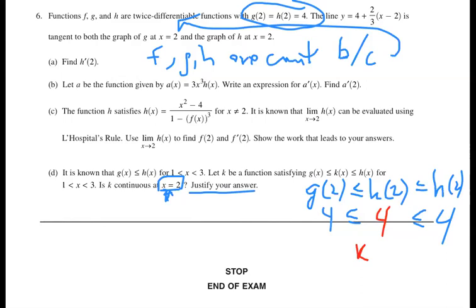So k of 2 is also 4, because 4 is the only number that's equal to 4 on each side. And that is called the squeeze theorem. I can almost guarantee you that that will not be on the test this year. Squeeze theorem will not be on there because this problem was so bad on the AP test last year.